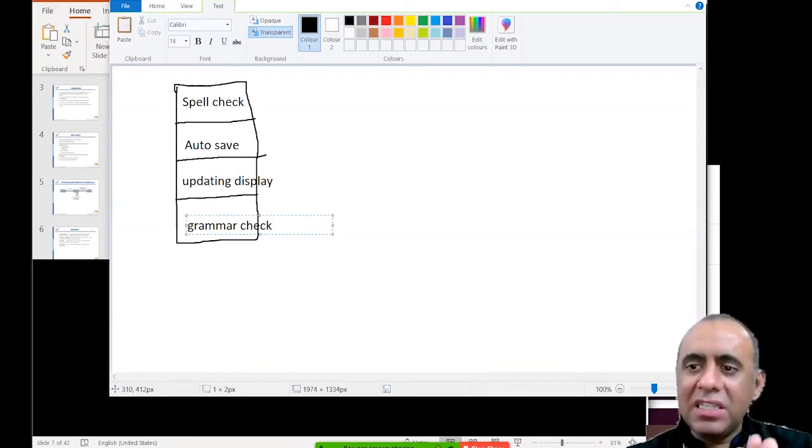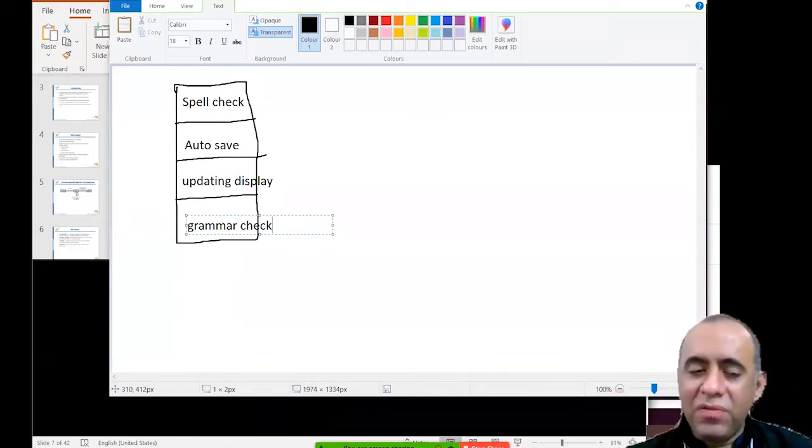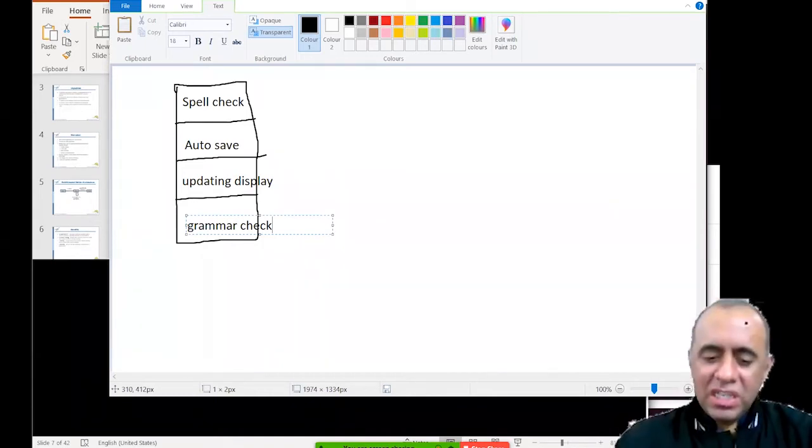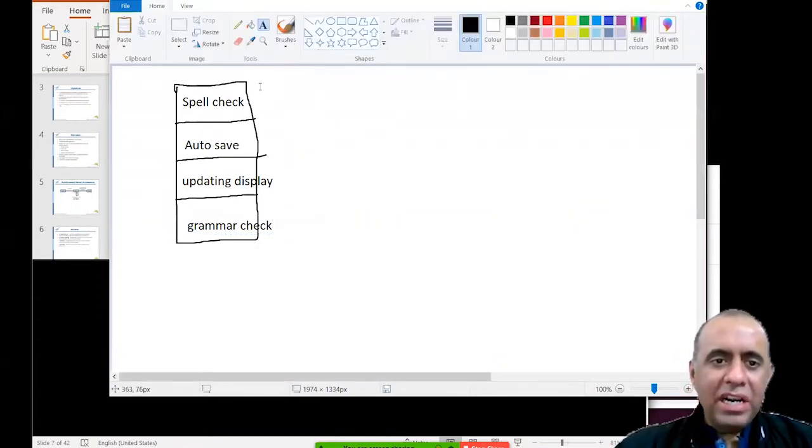It was very easy for me to divide these into 4 activities because it was so natural to do that. The solution to this word processing problem was such a natural, organic kind of solution that it was already divided into 4 parts. So what do I do? I create 4 threads.